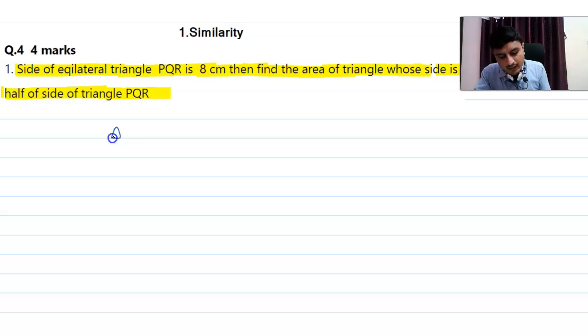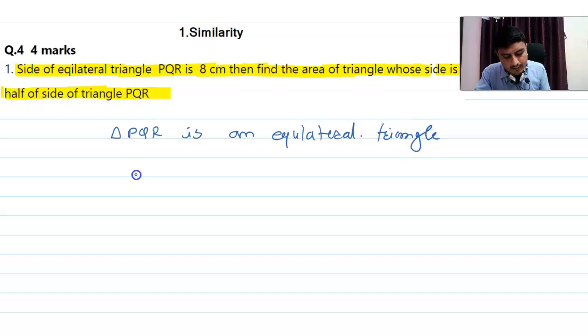Here we are given that triangle PQR is an equilateral triangle, so we have the formula for finding the area of an equilateral triangle. Area of triangle PQR equals root 3 by 4 times side square.